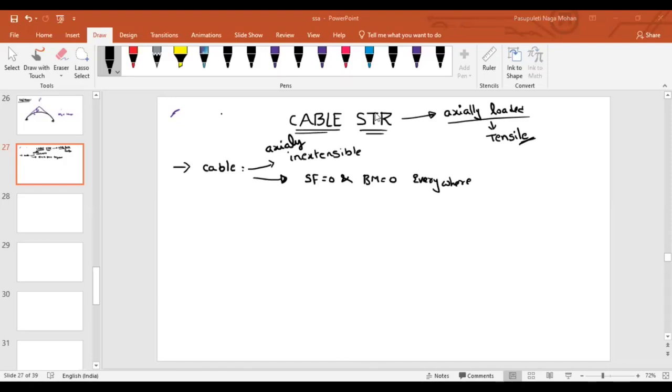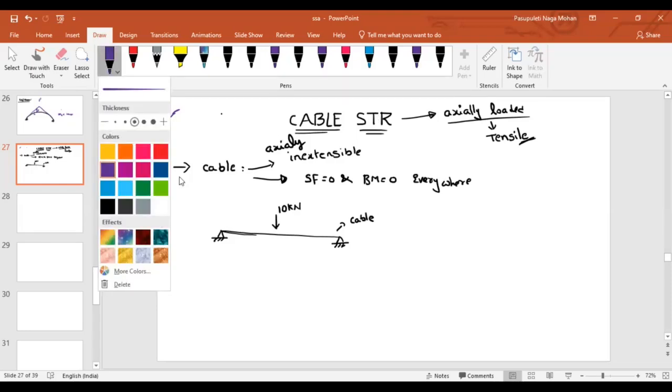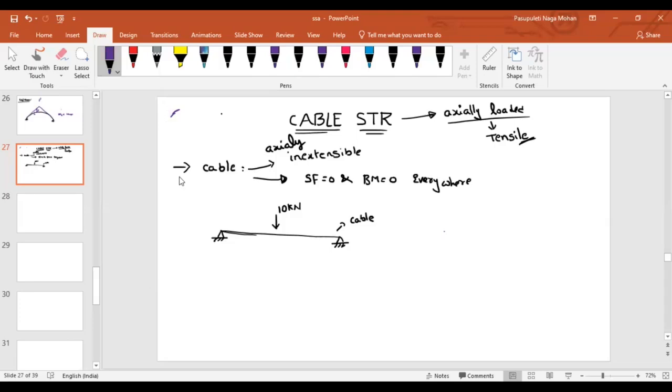Suppose I imagine there is a cable. What do you think? Suppose I apply a load at this point, let us say somewhere around 10 kN. If this is a cable and I apply a point load anywhere, unlike the beams, will it deflect like this?